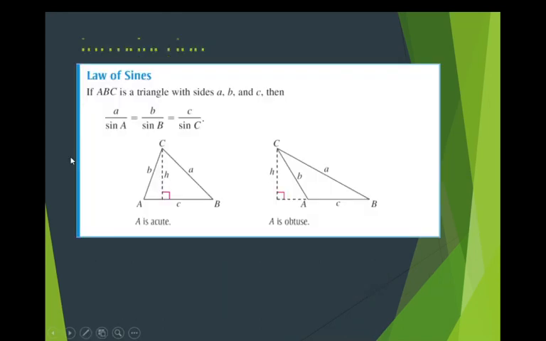So, law of sines. If we have a triangle ABC and sides a, b, c, then we can use this ratio, this proportion, of the side length divided by the sine of the angle. Law of sines says that for a triangle to exist, an oblique triangle, or technically any triangle, these three ratios have to be equivalent.